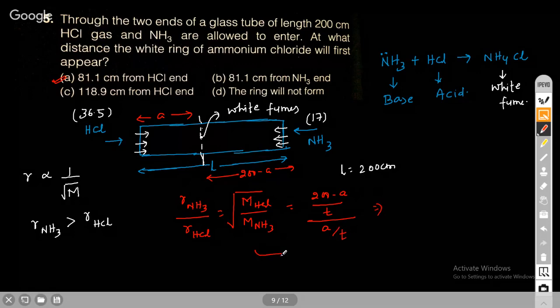So when I take these two expressions, the molar mass of HCl is 36.5 divided by 17, root over of it, equals 200 minus A divided by A, root over of it. This you have to solve, you will get A, and hence the answer will be 81.1. When you solve this, you'll get this only. Understood?